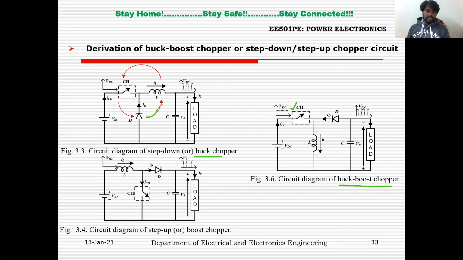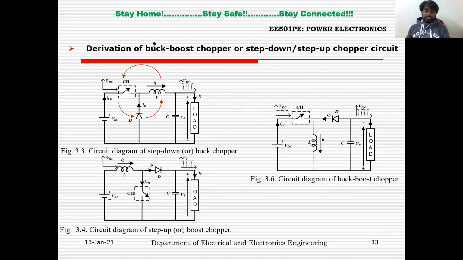Now if you just interchange these two elements, inductor and diode, so instead of the inductor, the diode, and instead of the diode, the inductor, it will form the buck boost chopper. You have to think like that so that one more circuit can be formed, and you can generalize the circuit, see the waveforms, and derive the average equations and all those things.